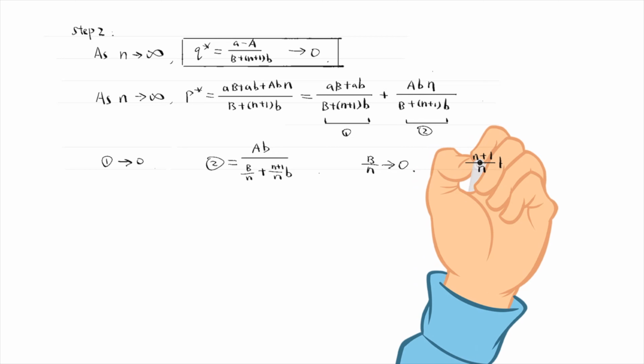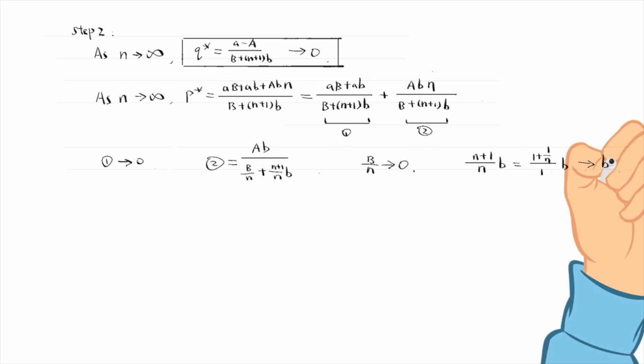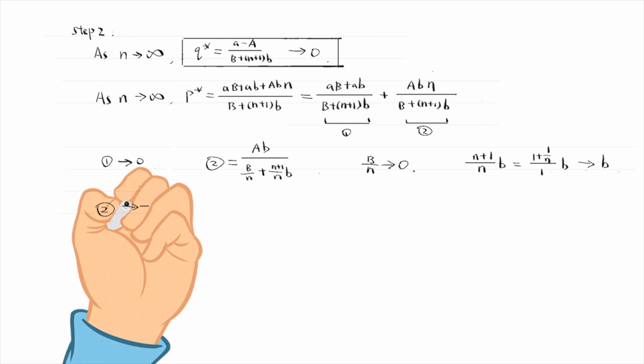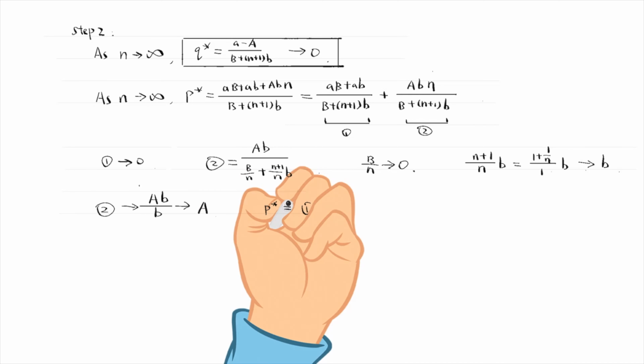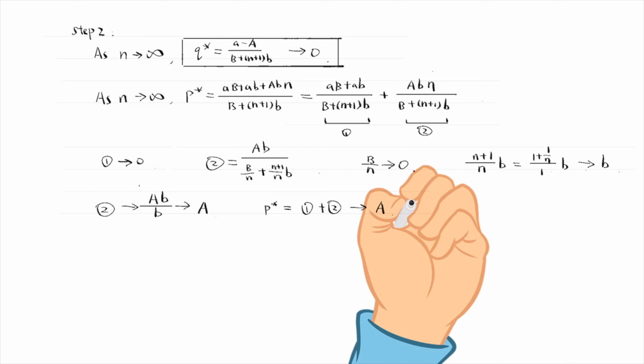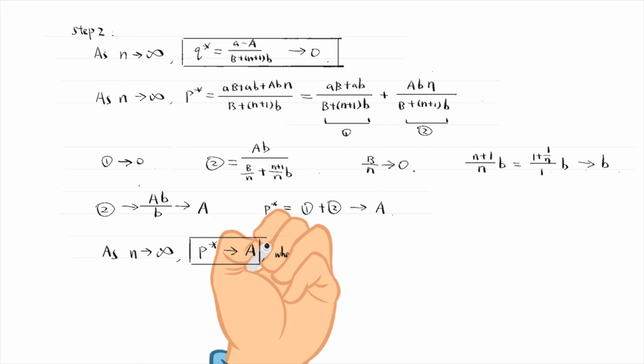The second part approaches B as n goes to infinity. So, the second term approaches A. The equilibrium price P star is the sum of the two terms, and therefore it approaches A, where A is the firm's marginal cost when output goes to 0 as the number of firms goes to infinity.